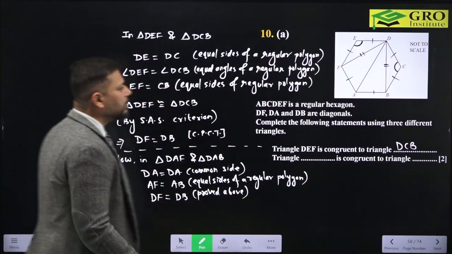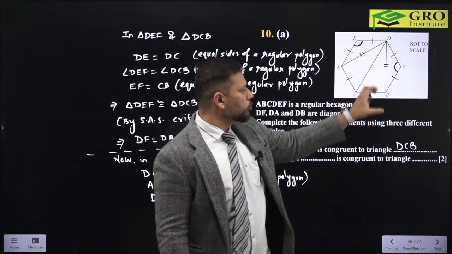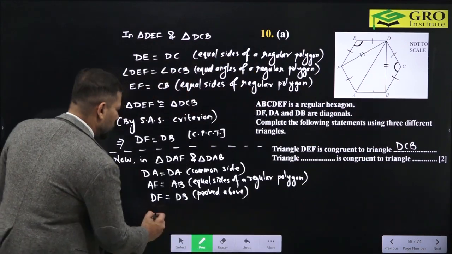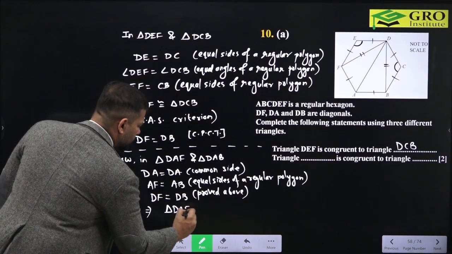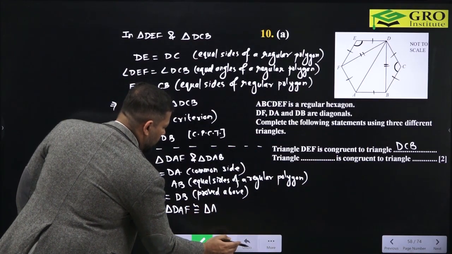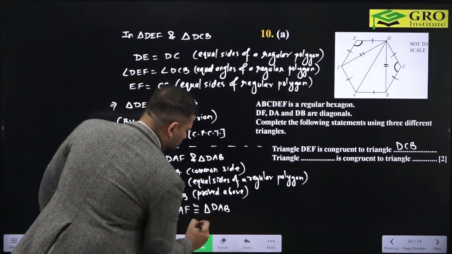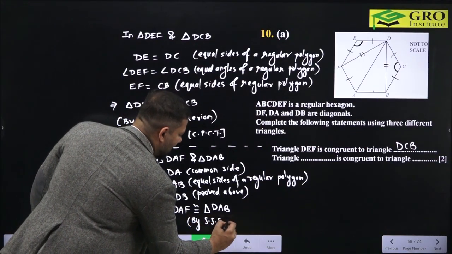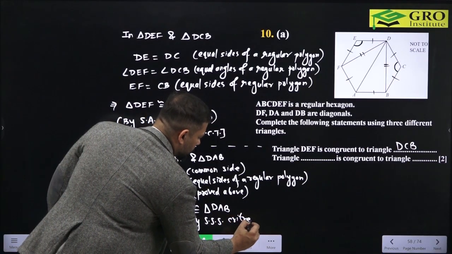So we just have proved that the three sides of triangle DAF are equal to the three corresponding sides of triangle DAB. That makes these two triangles congruent to each other. So we can write that triangle DAF is congruent to triangle DAB, by SSS, that is side side side congruency criteria.